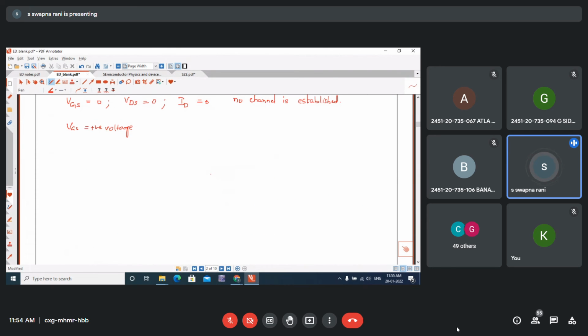The voltage required on the gate to establish the channel is called the threshold voltage.